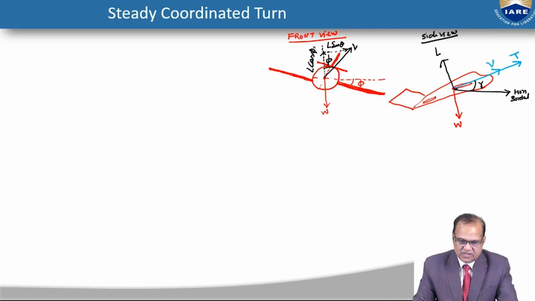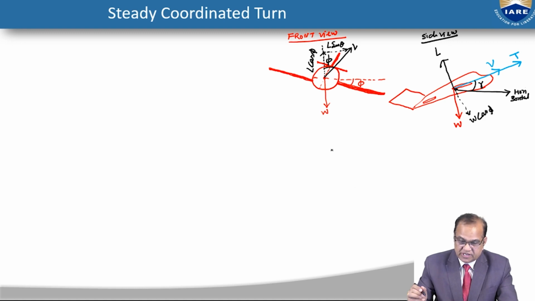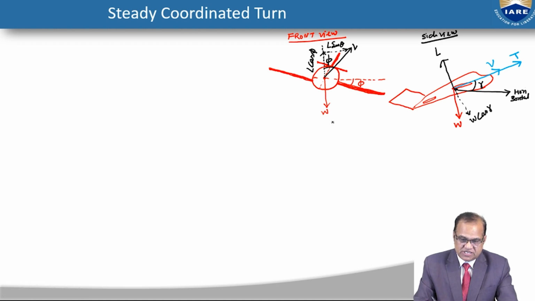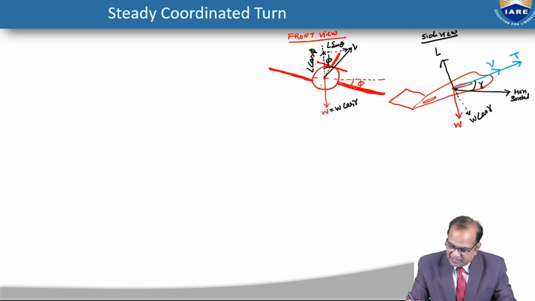Okay. And this will not be W, because this is the W. So this is the projection of this. This is W cos gamma, not phi. W cos gamma. So this weight will not be W; this will be W cos of gamma. Understand? Because we are taking a camera here.